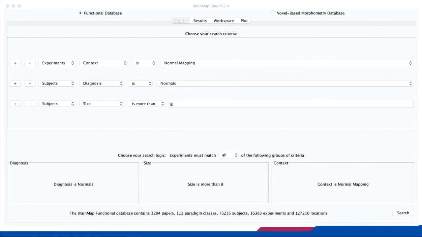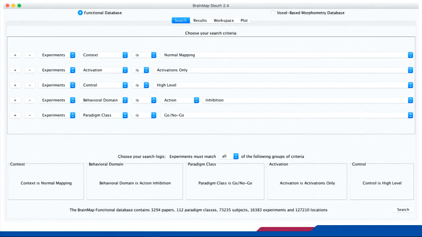You can ask for the diagnosis being normals. I always found that a bit odd that normal is a diagnosis, but maybe it is actually. And then obviously the number of subjects, how many subjects do you want? Just a different example for a query. Now that goes into something that you can actually set up in about 1 minute. So you say, I want normal mapping. I just want activations, not deactivations, only the high-level contrasts, inhibition, go, no-go trial.